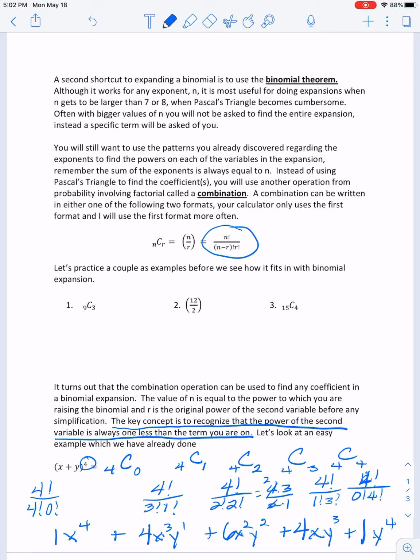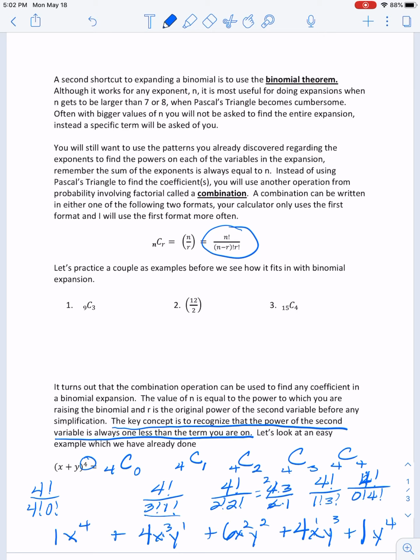And what you're again going to notice is that these denominators match up with the exponents. So you got a 3 and a 1, power of 3 and 1, 2 and 2, 1 and 3, and then 0 and 4. So there's a definite connection between the denominator of your factorial problem and the exponents on your variables.